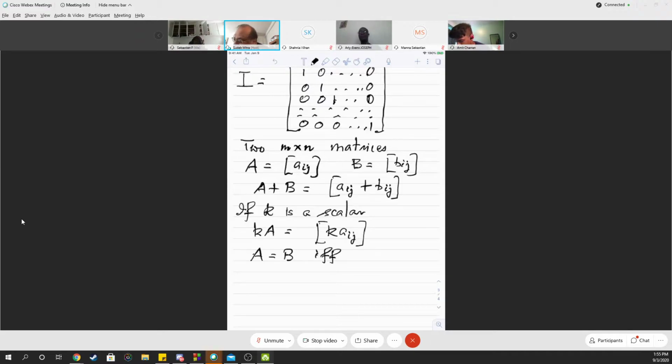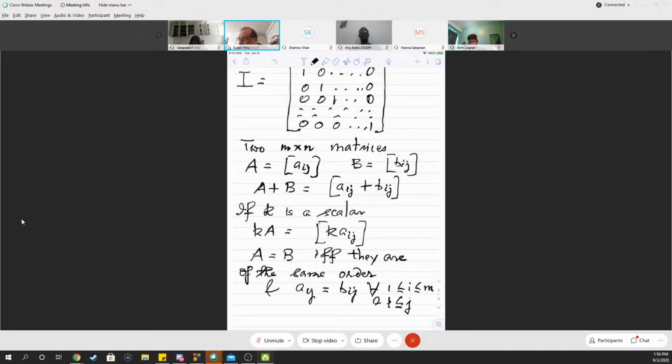So if and only if they are of the same order, and their corresponding entries are equal, and Aij is equal to Bij for all i between 1 and m and j between 1 and n.